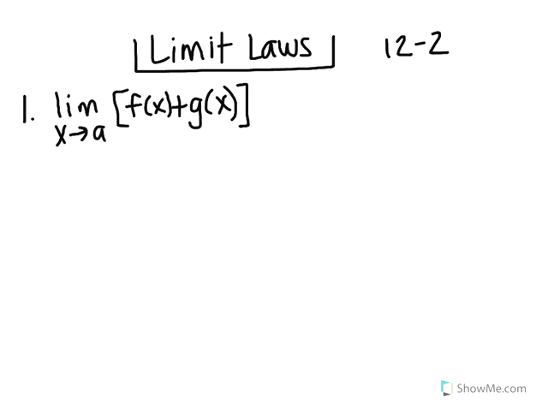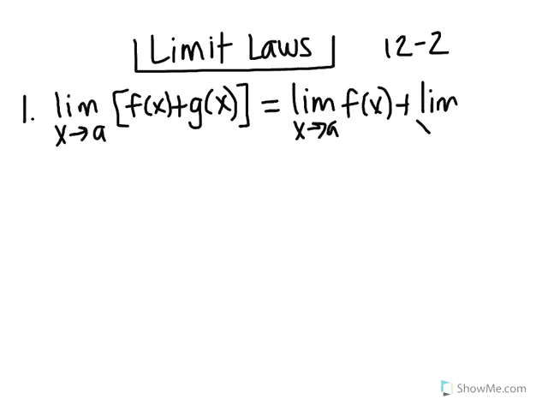So the limit of a sum is the sum of the limits separately. So it's the same as the limit as x approaches a of f of x plus the limit as x approaches a of g of x. That's the first law. Second law.